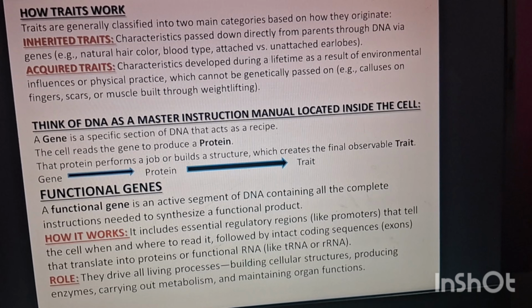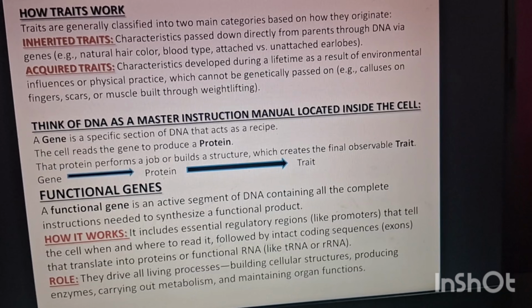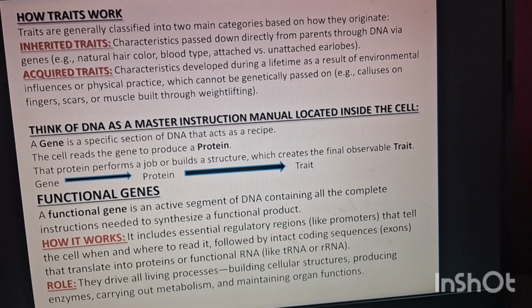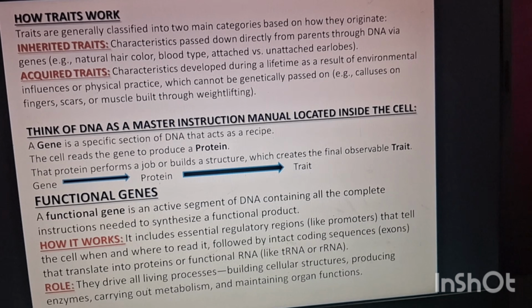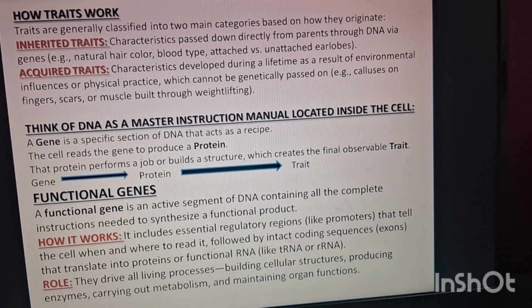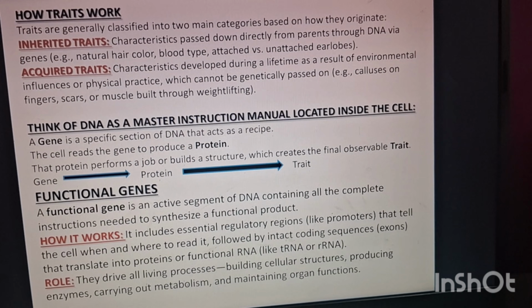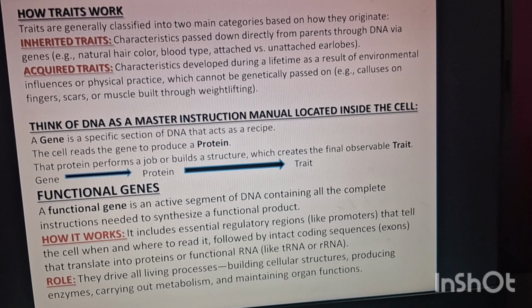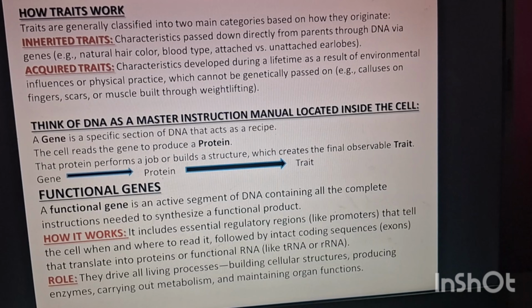Next, we know that genes are of two types, the functional genes and non-functional genes. At first, I will discuss the functional genes. A functional gene is an active segment of DNA containing the complete instruction needed to synthesize a functional product. And how does it work?